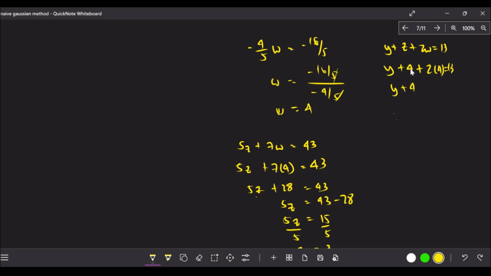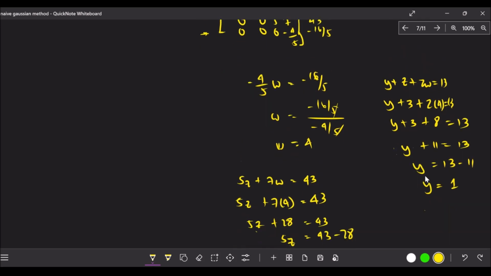So this is 3 here. Okay, 3 plus 8 is equal to 13. So we have y plus 11 is equal to 13, and we have y equal to 13 minus 11. So y is equal to 1. Okay, so that will be our y.